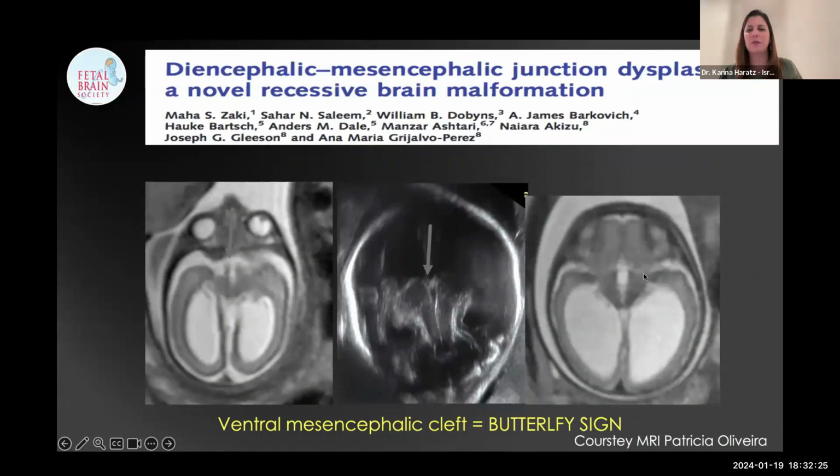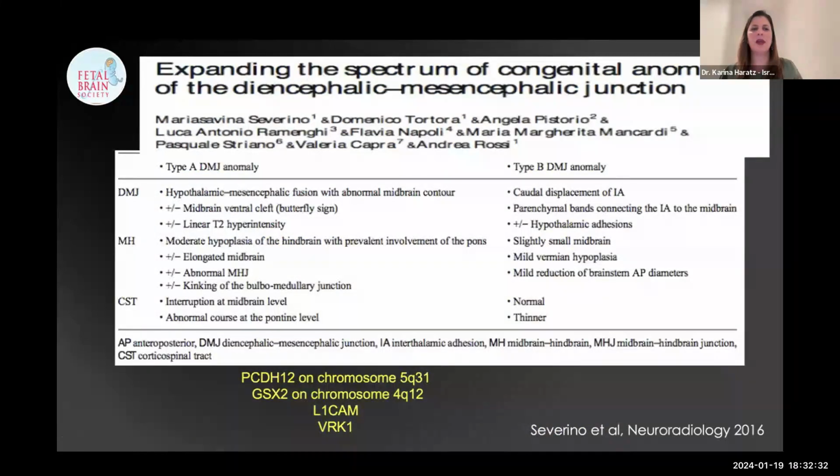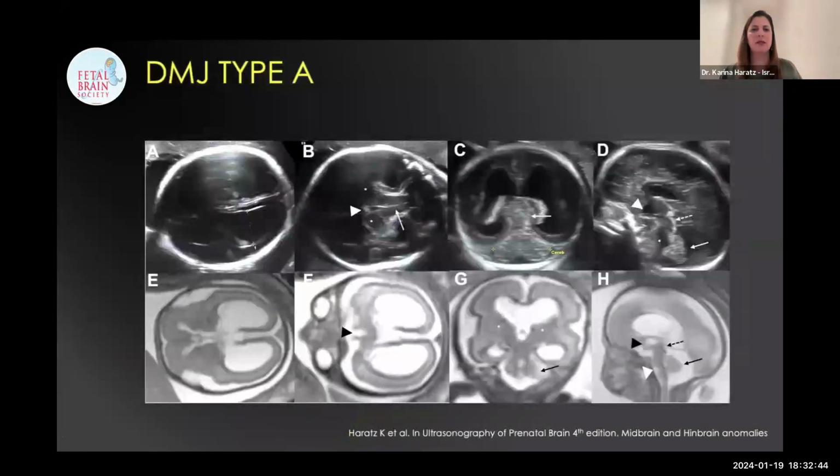They described the butterfly sign at the level of the encephalon for type A. Then Severino classified into two groups, and in the type B, we see a continuity between strings connecting the diencephalon and the mesencephalon.